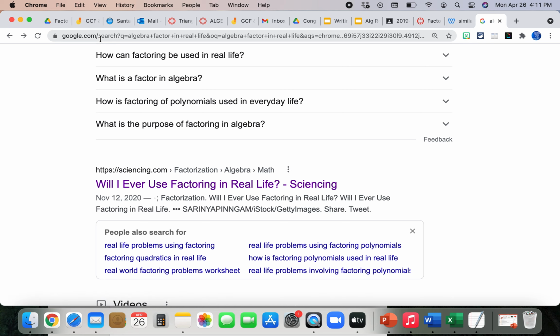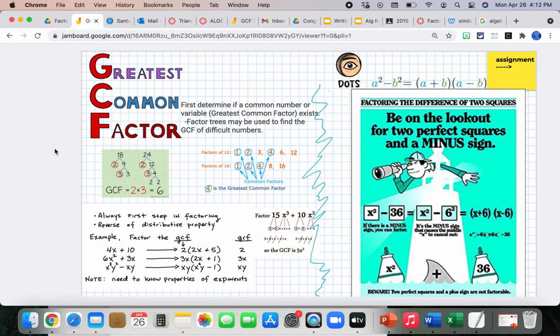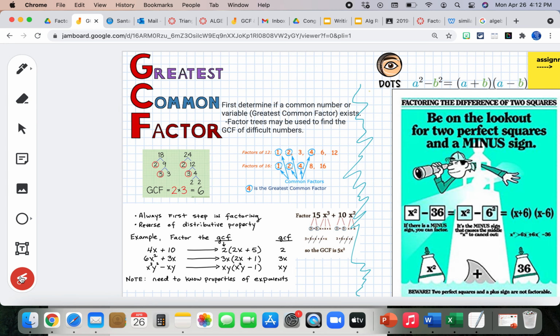Now let's get on to the lesson. This is the Jamboard, and we are showing you the greatest common factor on the left, the DOTS or differences of two squares on the right hand side. So you will be able to read this on your own in detail later. I'll just quickly skim through the notes here. So first, determine if a common number or variable or letter, the greatest common factor, exists. And you may also use factor trees to factor the difficult numbers.